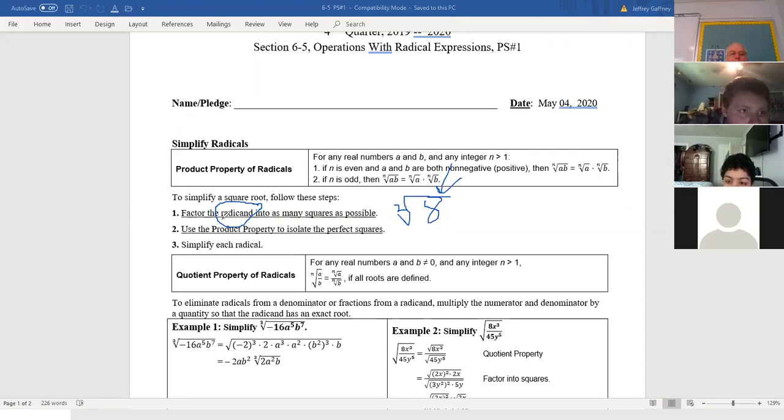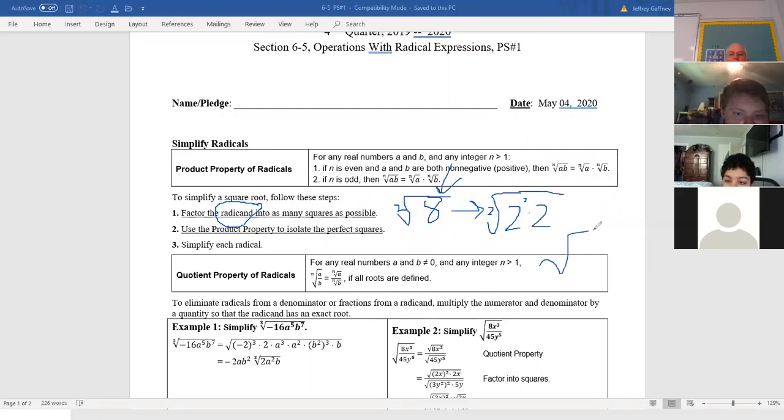So it says factor the radicand into as many squares as possible. We can write this in a number of ways, depending on how your brain thinks. One way to rewrite this is 2 squared times 2 under the radical.